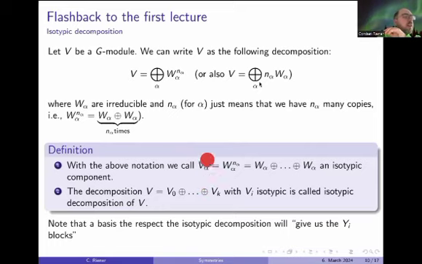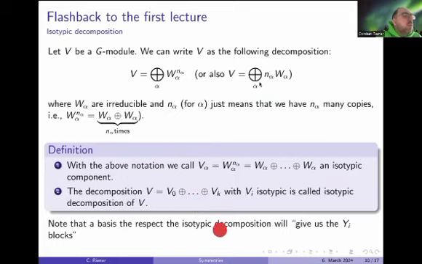So V alpha is one of these summands. This just means I have n alpha times the same representation W alpha. So V alpha is called the isotypic component corresponding to the representation alpha.